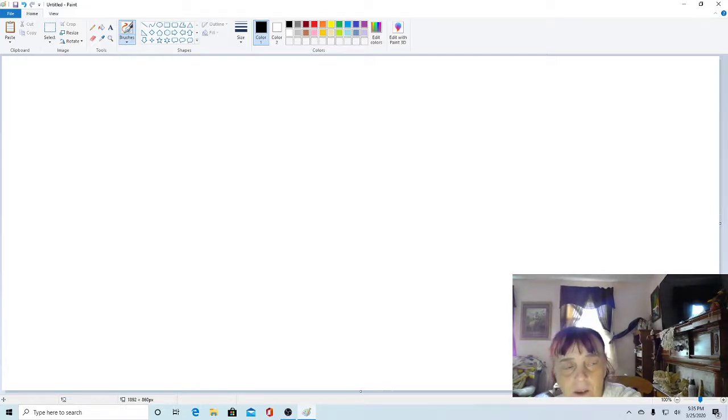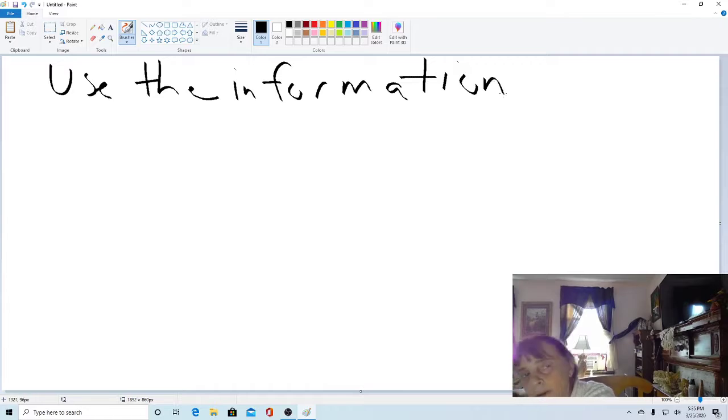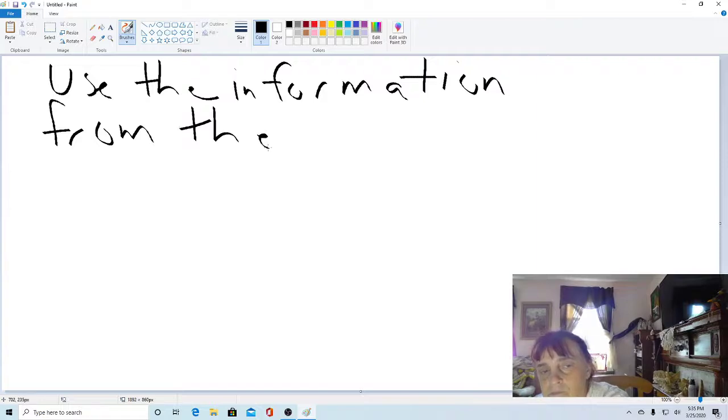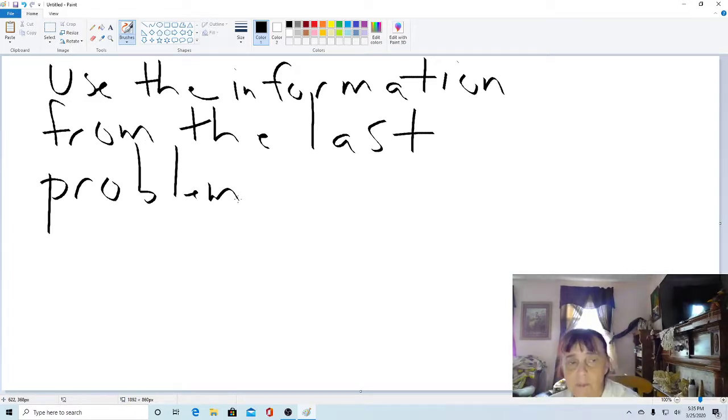Okay, now let's use the information from the last problem. The last problem was you have numbers 1 through 9 written on sheets of paper and they're placed in a hat.